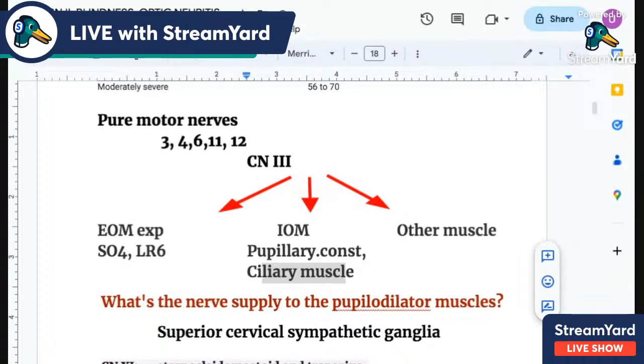Then the 11th nerve, the accessory nerve, two parts. One is arising from the spinal cord and one from the brain. The 11th, the cranial nerve 8th onwards, they arise from the medulla. So this one, spinal and the brain parts. Two muscles it supplies. Which two muscles does the accessory supply? Sternocleidomastoid and trapezius.